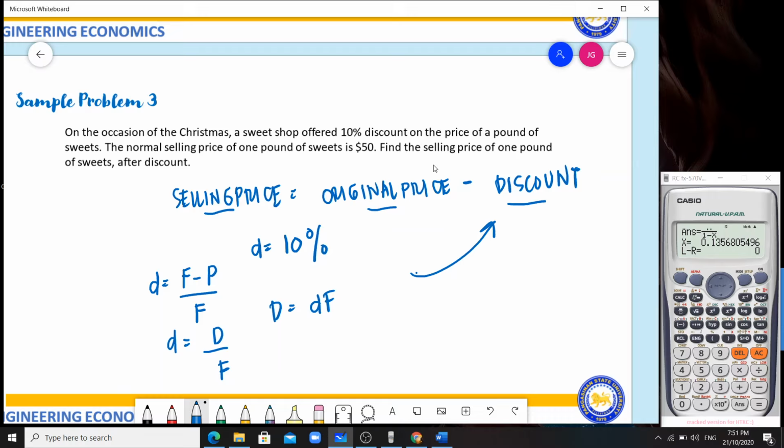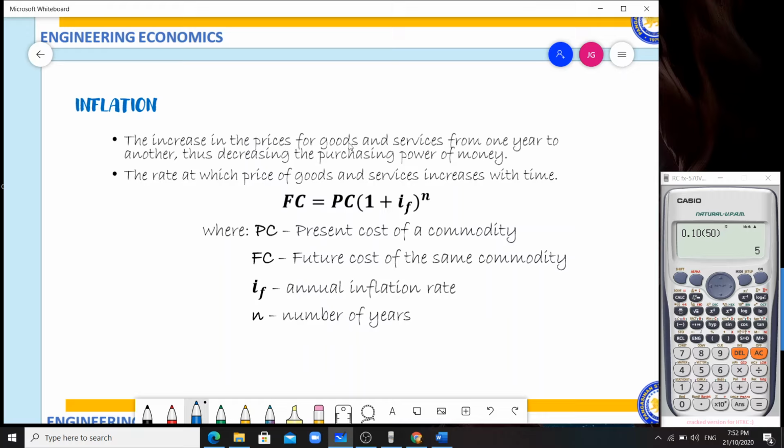So, the next lecture is about inflation. When we say inflation, it is the increase in the prices for goods and services from one year to another, thus decreasing the purchasing power of money. For example, your 1,000 today is not as valuable as 1,000 next year, because with inflation the value of money goes down. If 1,000 now buys, for example, 25 kilos of rice, next year it might only buy 20 kilos.